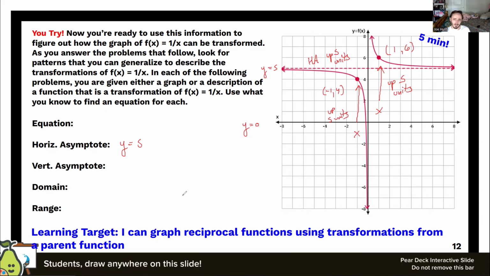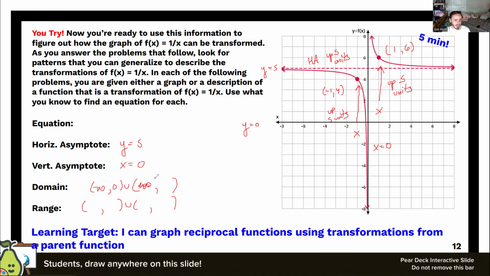Now, another thing that you might have noticed here is that this graph is still avoiding touching the y-axis. So the vertical asymptote here hasn't really changed. If you think about where these asymptotes are and where the x and y values are that I can't cross, that's where we're going to start to fill out our domain and our range a little bit easier. So if my vertical asymptote is still at x equals 0, my domain is everything but 0.